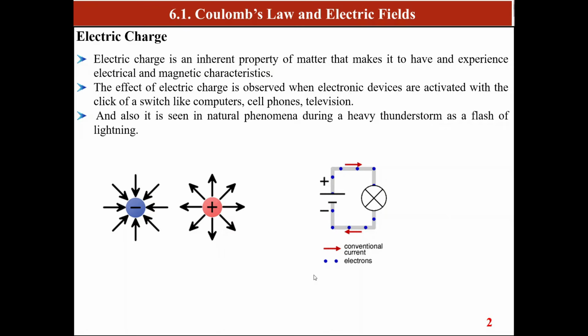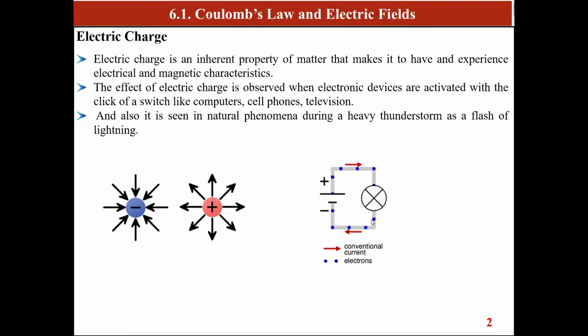Here we have a voltage source and, let's say, a bulb. The conventional current flows from the positive terminal to the negative terminal, but electrons flow from the negative terminal to the positive terminal. So this is the current.